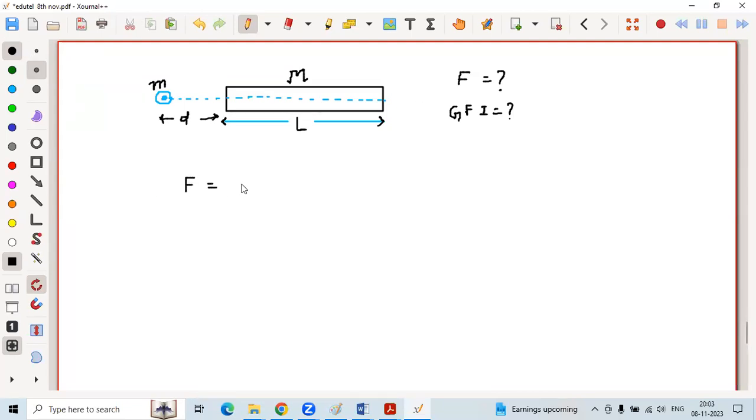F is equal to G, source mass times test mass, by the square of the distance between them. Now tell me, what distance should we write? The distance from the small m to the capital M is D. D plus L is the total distance, but I need center to center, which is L by 2 plus D. So generally we'll do like this, D plus L by 2, whole square.